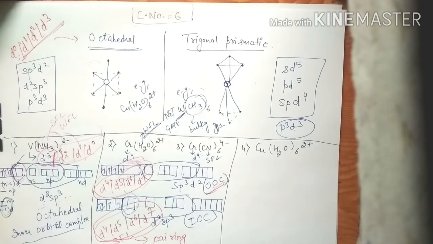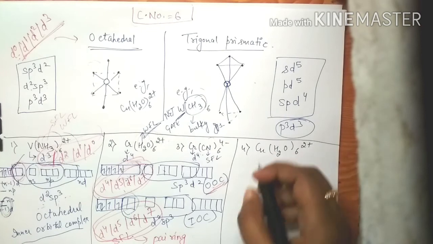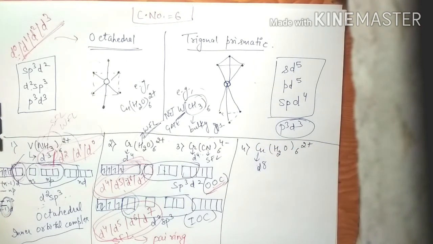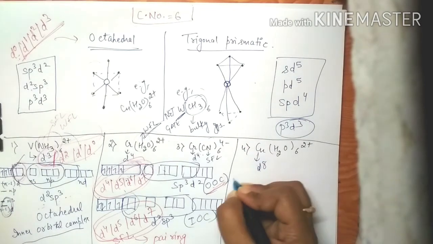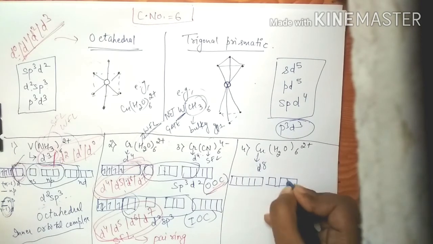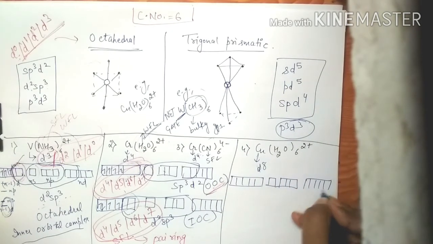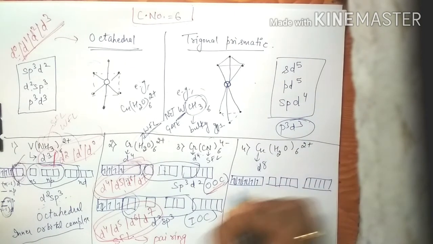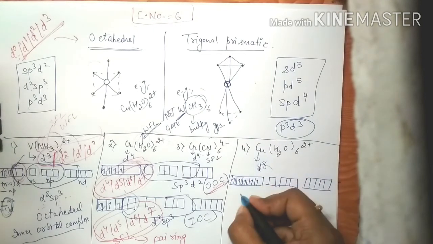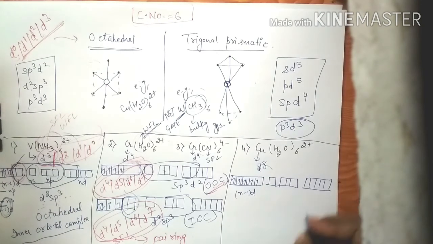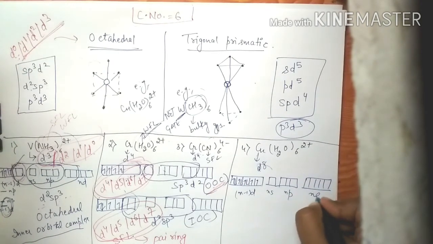Now the last case, [Cu(H2O)6]2+. Here it is having d8 configuration, right? So we'll do the filling. 8 electrons are filled in the (n-1)d subshell. Now this is ns, np and d.